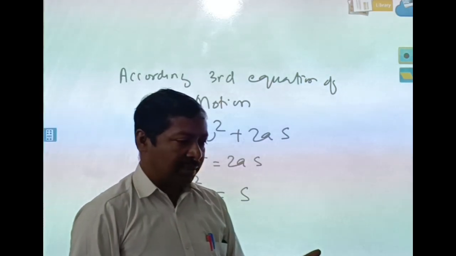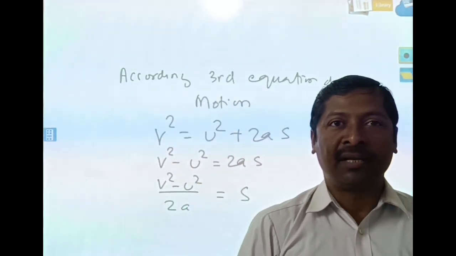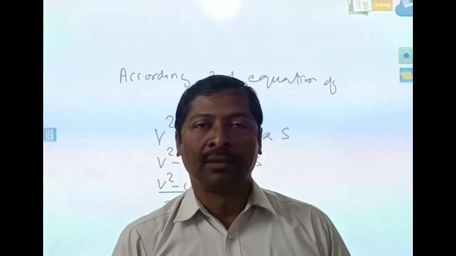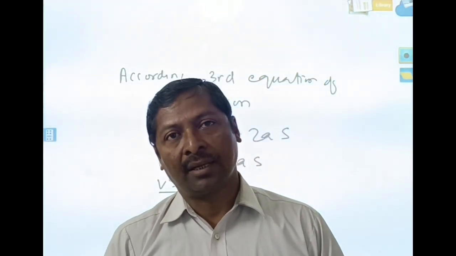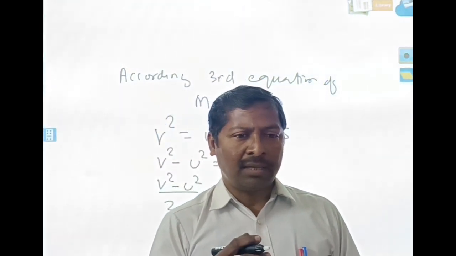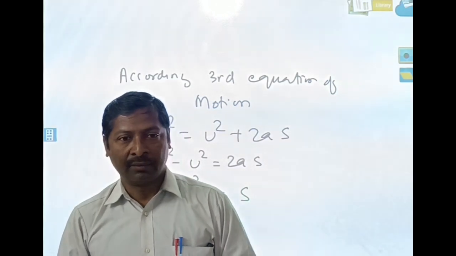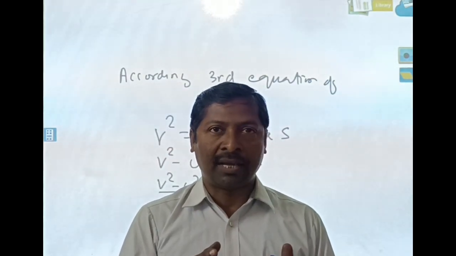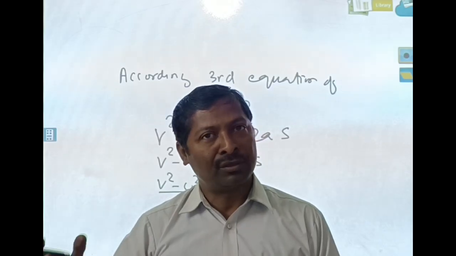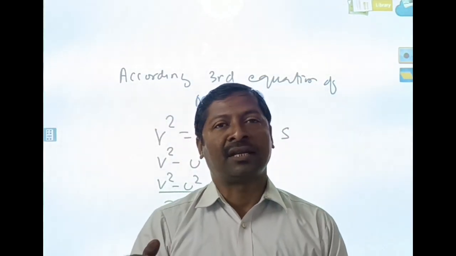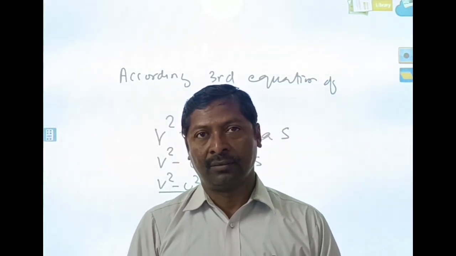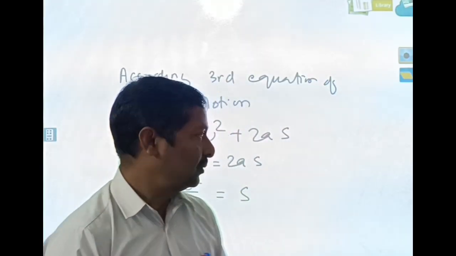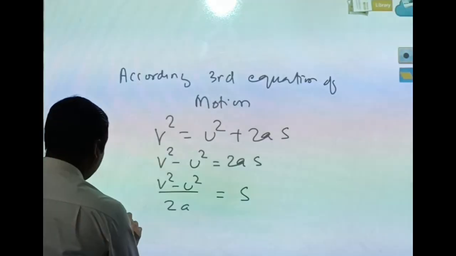So kinetic energy is the work done by a moving object. When an object is moving, the work done until it comes to rest is called its kinetic energy. So work done is how much?